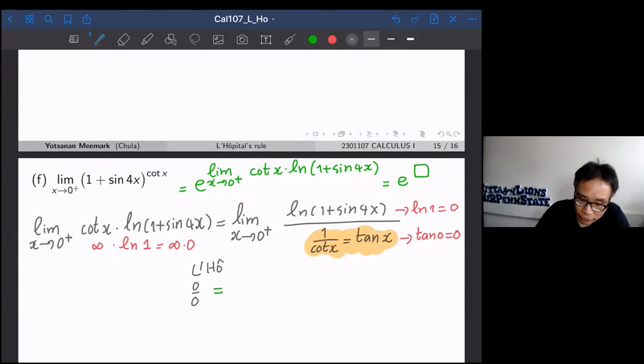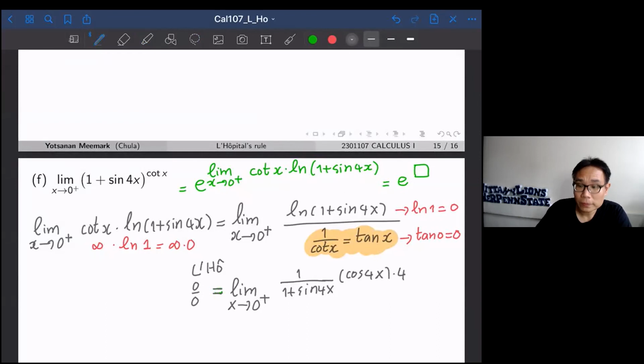And you differentiate. So you get the limit as x goes to 0 from the right of 1 over 1 plus sine 4x, and you differentiate sine 4x, you get cos 4x times 4. And you differentiate tan x, you get sec squared x.